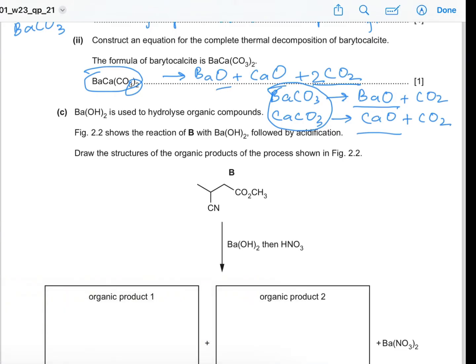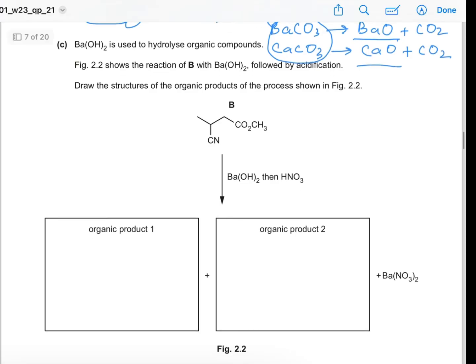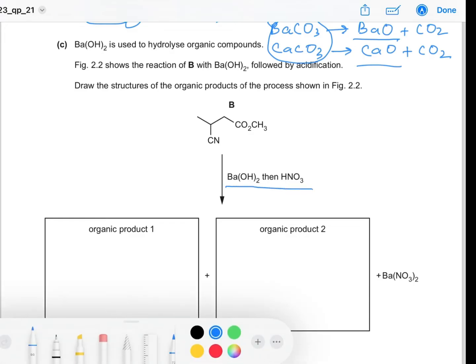C. Barium hydroxide is used to hydrolyze organic compounds. Figure 2.2 shows the reaction of B with barium hydroxide followed by acidification. Draw the structures of the organic products of the process shown in figure 2.2. Okay, barium hydroxide is used for hydrolysis. Now let's start by identifying the 2 functional groups in B. Those are cyanide or nitrile over here and also an ester.